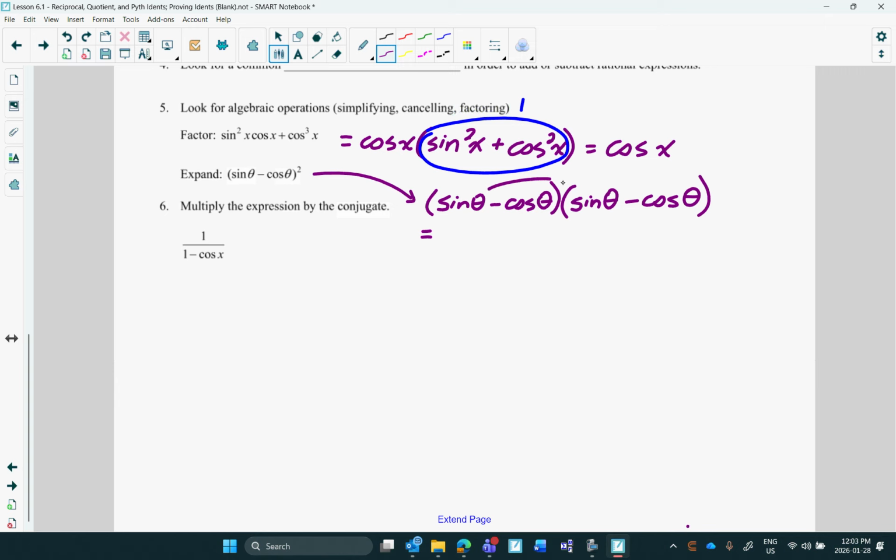So, sine times sine: sine squared theta. And then sine times minus cos is just minus sine theta cos theta. Then on the inside, we've got minus cos theta sine theta. Be careful with this one. Minus times minus gives you a plus cos squared theta.